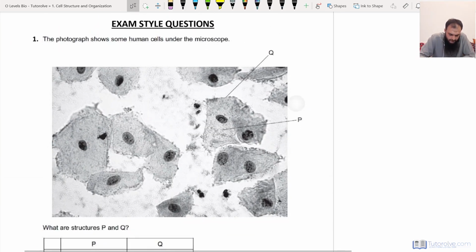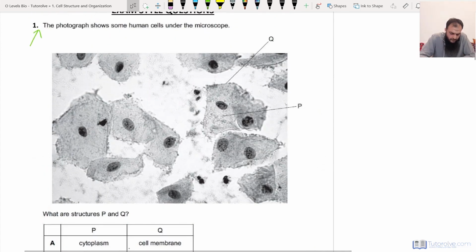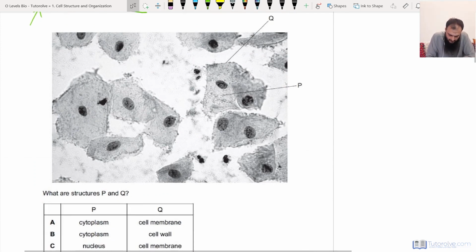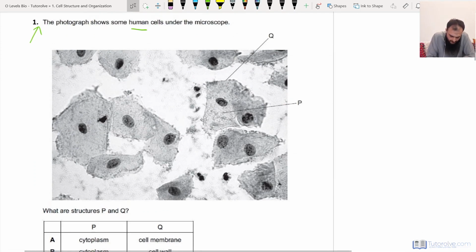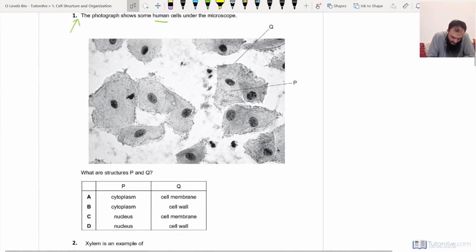So let's talk about question number 1. I have some MCQs and then I have some theory questions. The photograph shows some human cells under the microscope, labeled P and Q. What are structures P and Q?